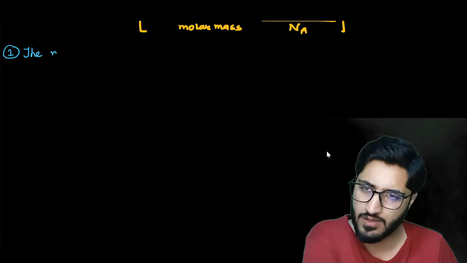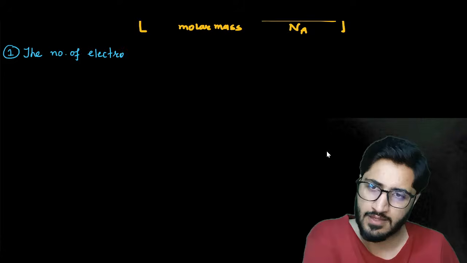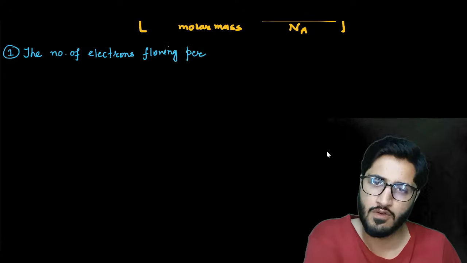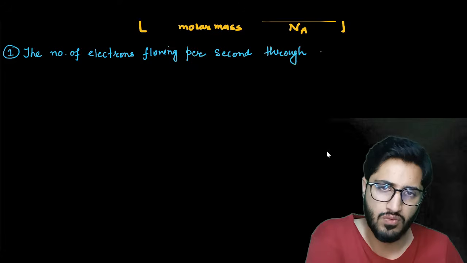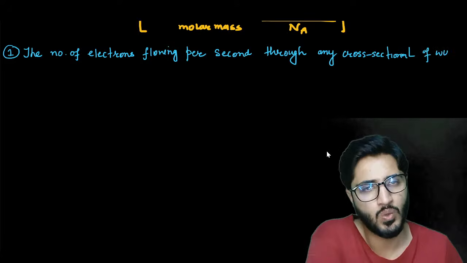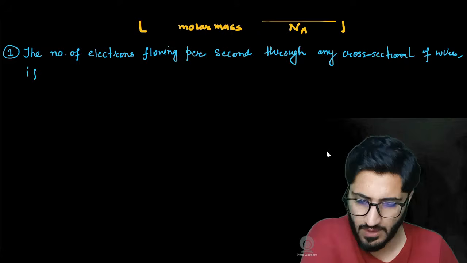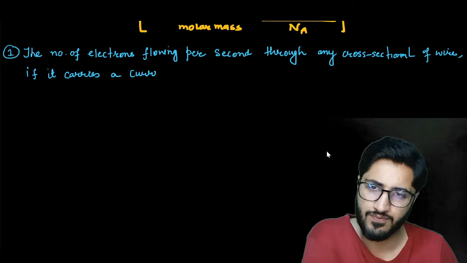The number of electrons flowing per second through any cross section of wire if it carries a current of 1 ampere.